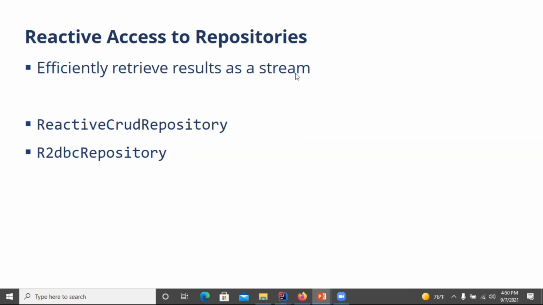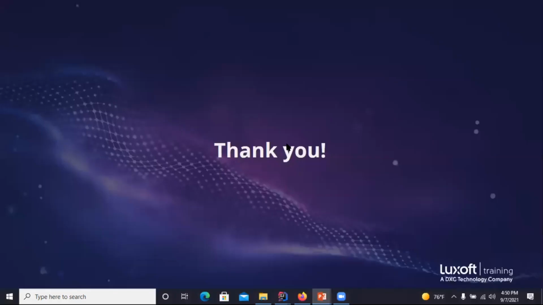So the information will flow to us and it will quickly provide us the very first pieces. There are some equivalent types of repositories. Instead of CRUD repository, the classical way, we have reactive CRUD repository. Instead of JPA repository, we have R2DBC repositories. Let's see them in action.